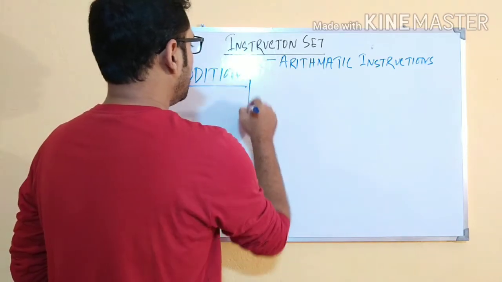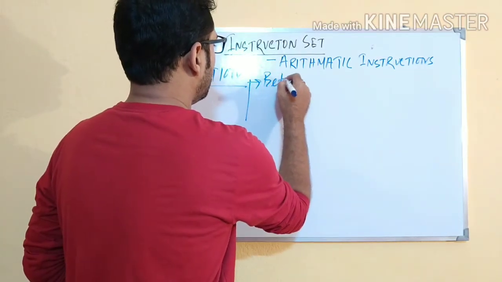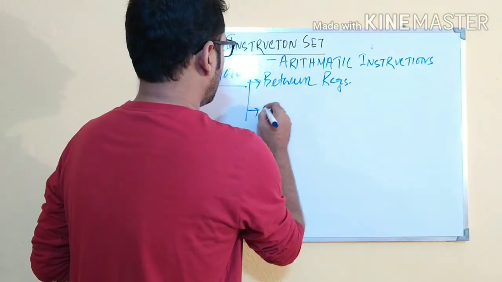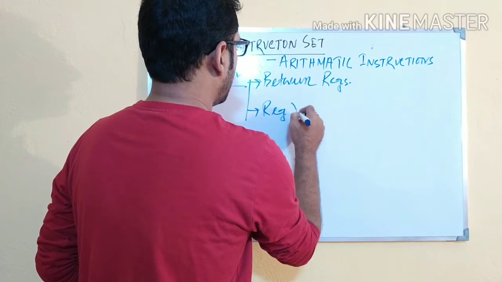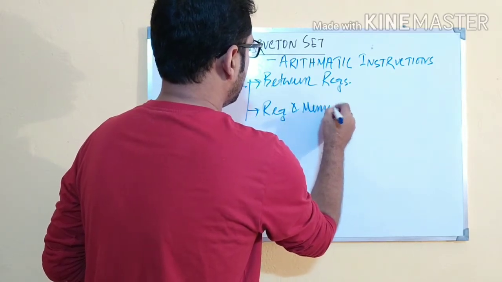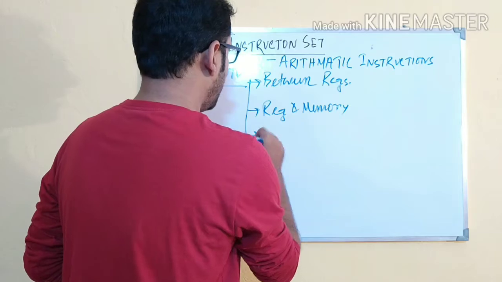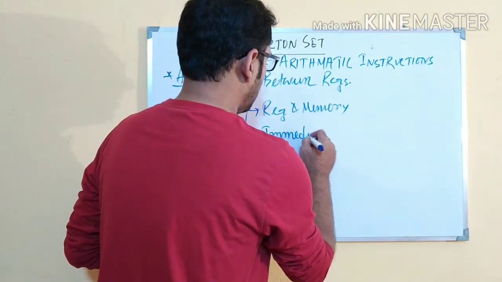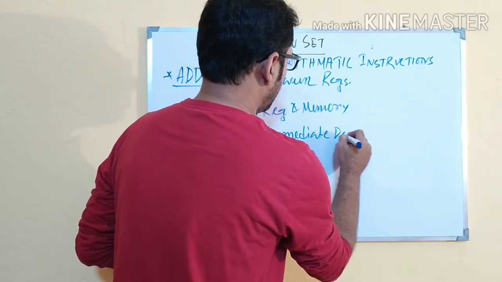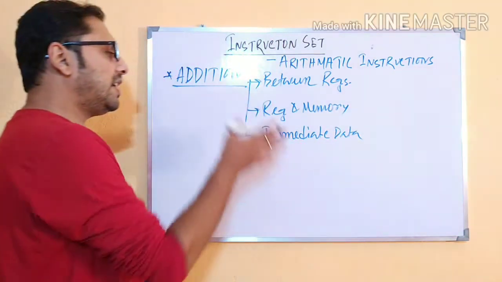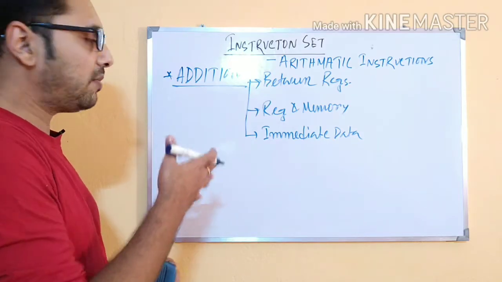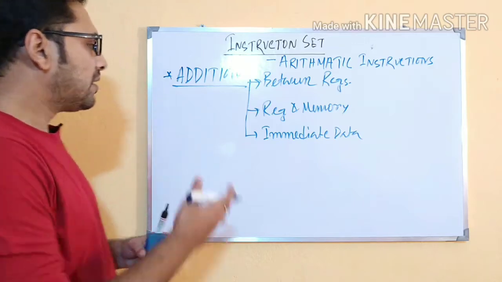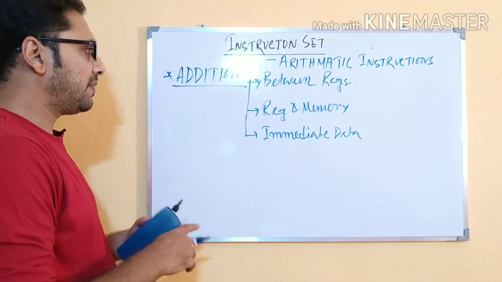Addition between registers, between register and memory, and by using immediate data. Similarly, these 3 kind of operation we will be able to perform in case of subtraction also.